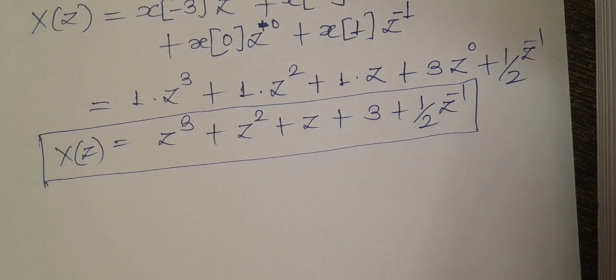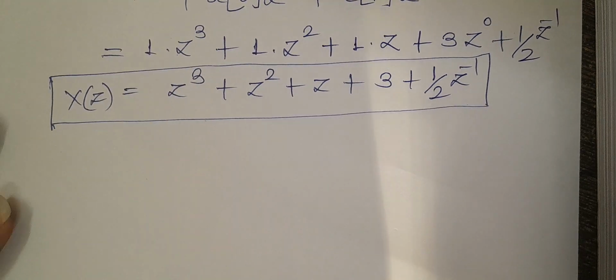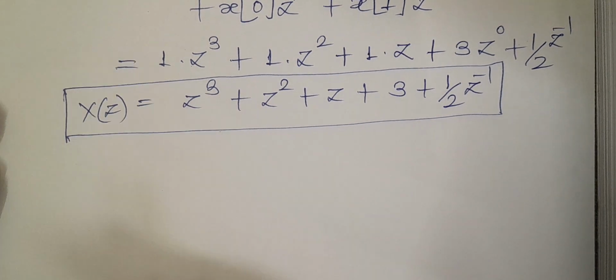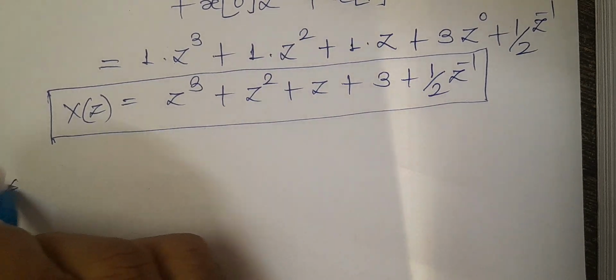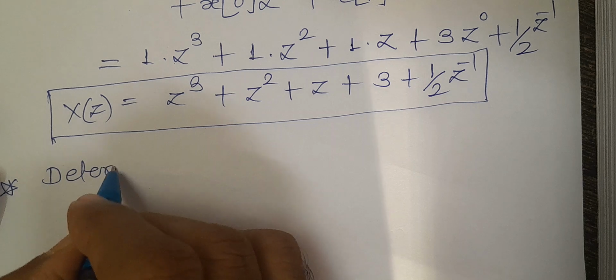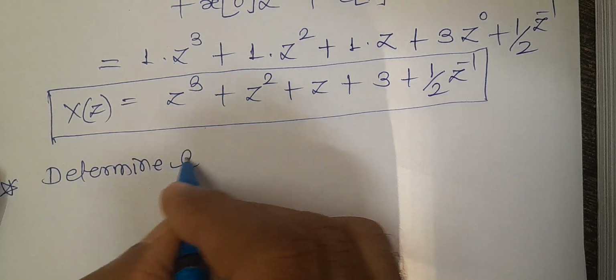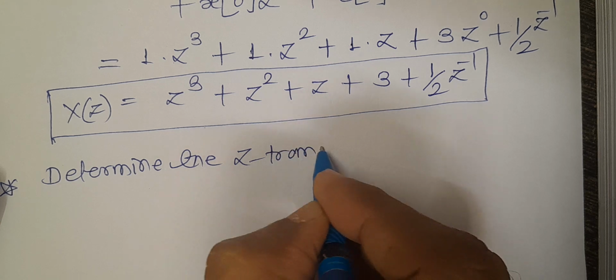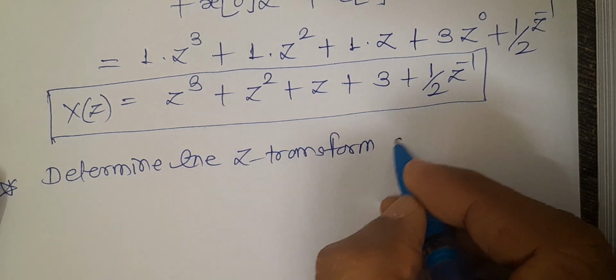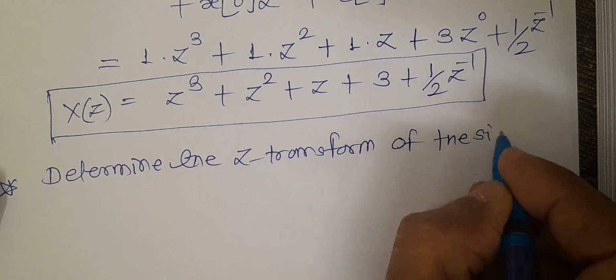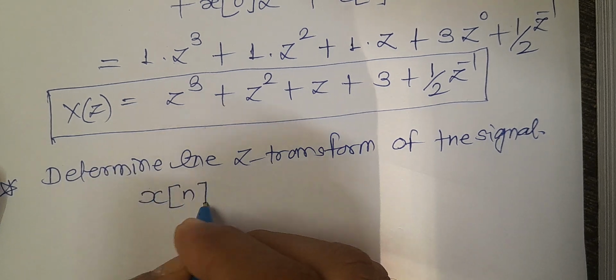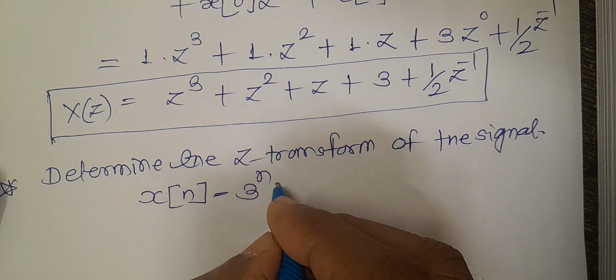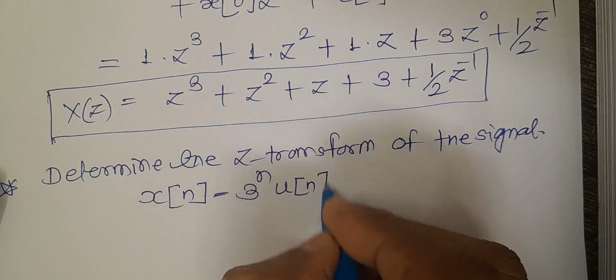Now we have to find, but we'll consider another example. Determine the z transform of the signal x of n is equal to 3 raised to power n into u of n.